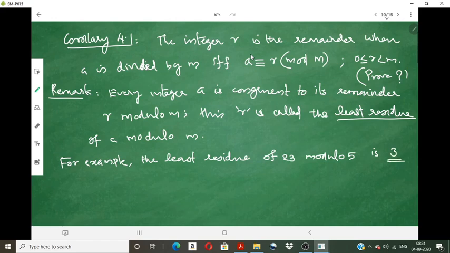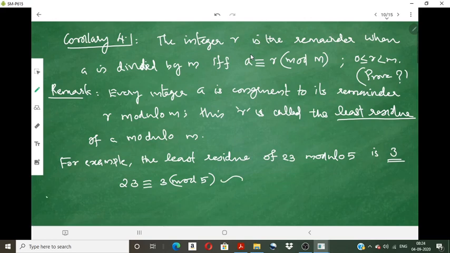So the least residue of 23 modulo 5 is 3. Or we can write 23 is congruent to 3 modulo 5. This congruence is also true since 5 divides the difference 23 minus 3, sorry, 20. So 5 divides 20, so this congruence holds.